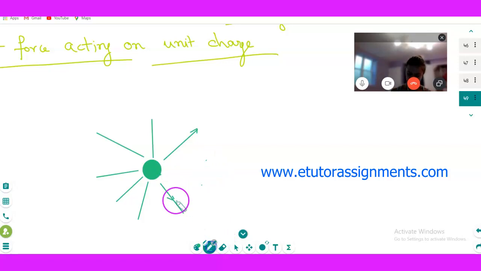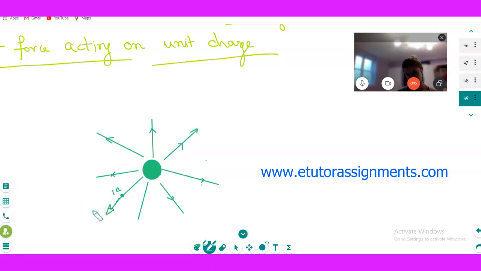What does this line mean? It is the field. What is the direction of the force, and on what? On a charge. If we keep one 1 coulomb charge here, then the direction of the force will be this way.